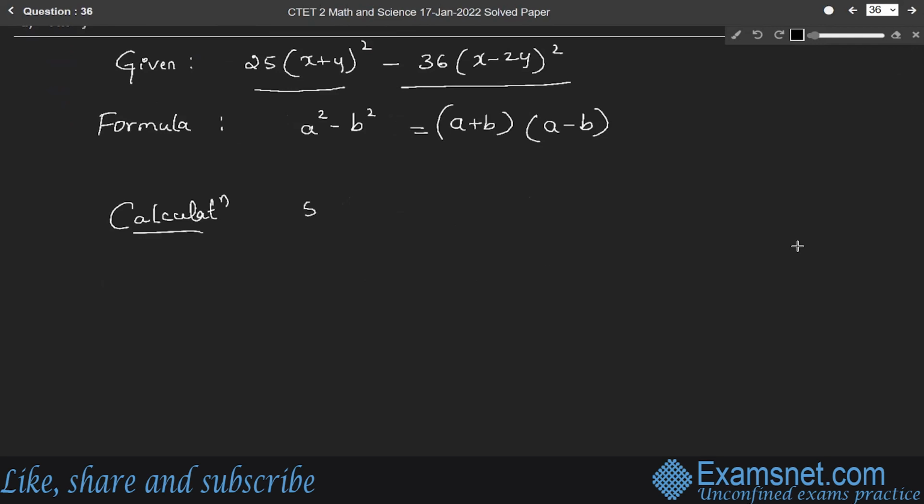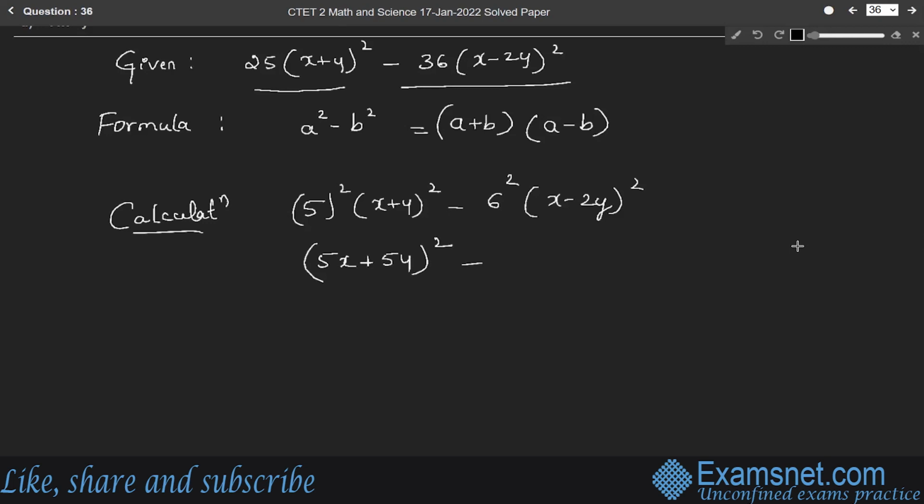so 25 can be written as 5 square into (x plus y) whole square minus 6 square into (x minus 2y) whole square, which is (5x plus 5y) whole square, right?